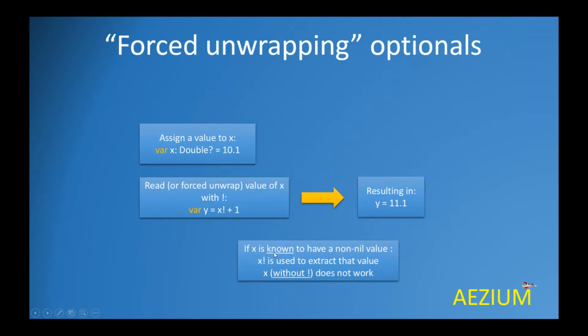So in short, if x is known to have a non-nil value, that is important, it has a non-nil value, then that variable x in this case can be unwrapped. Its value can be extracted and can be used in the rest of the code. Without the exclamation point, unwrapping does not work, and the value of x will not be available to the rest of the code.